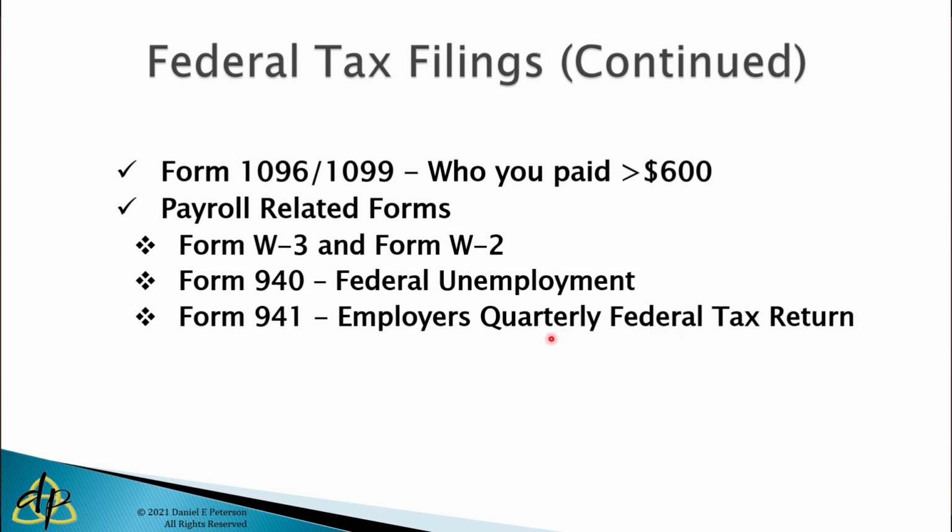Be sure you pay attention to the notification you get from the IRS when you register with them, because they may, depending upon the information you include on that application, assign you an annual filing frequency, which is on a 944. You need to follow that filing frequency until they tell you otherwise.